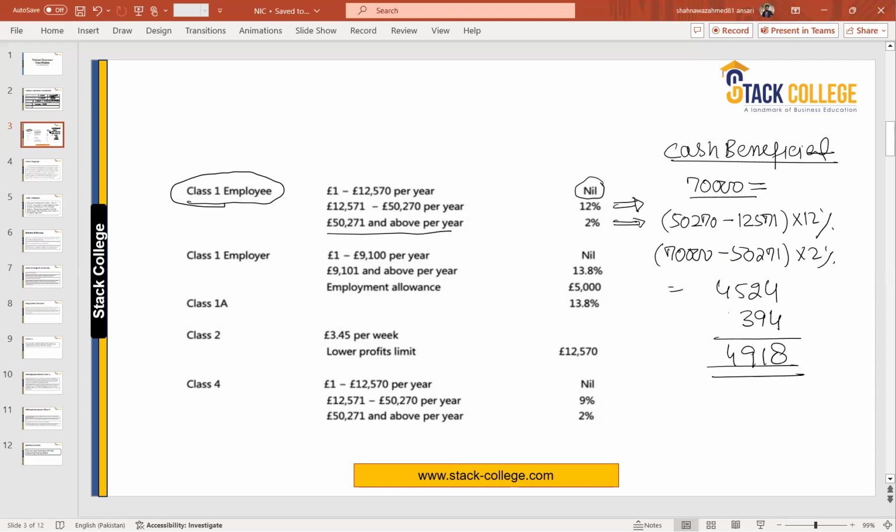Now, as far as the class 1 employer is concerned, the definition is the same, but the threshold is different. From £1 to 9,100, the rate is 0%, and above 9,101, the rate is 13.8%.